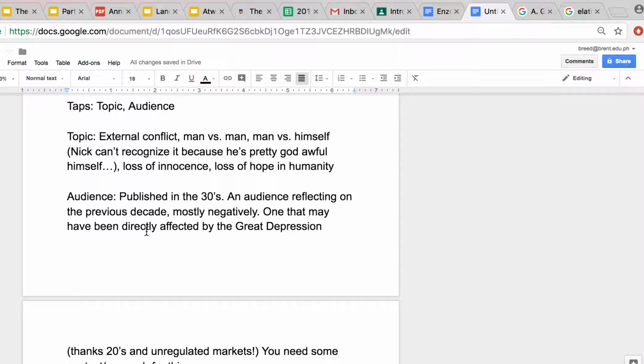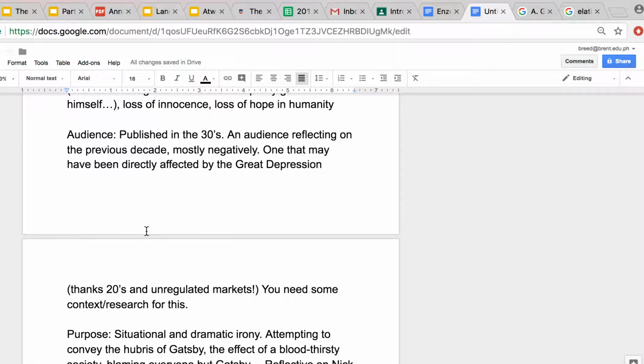The audience here, now this is something that you're going to need a little bit of context and do a little bit of research on, depending on what source you get. But this was published in the 30s, the novel. And it's an audience that may be reflecting on the previous decades in mostly a negative way. These are people who may have been affected by the Great Depression.